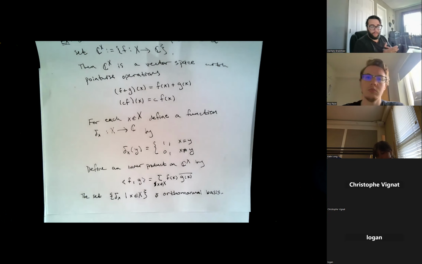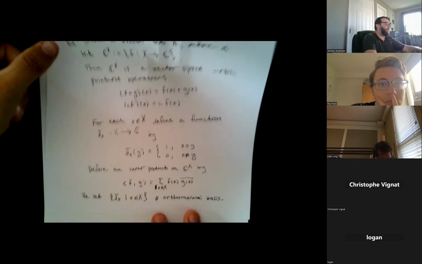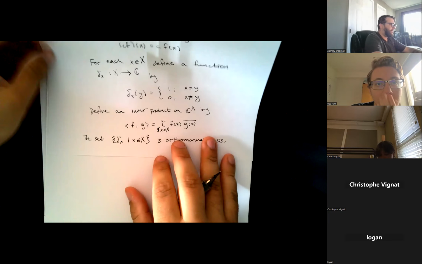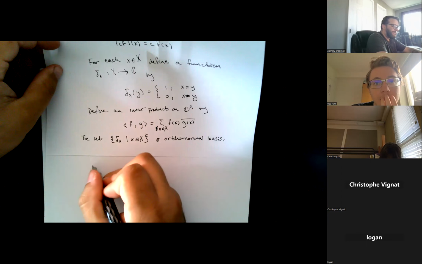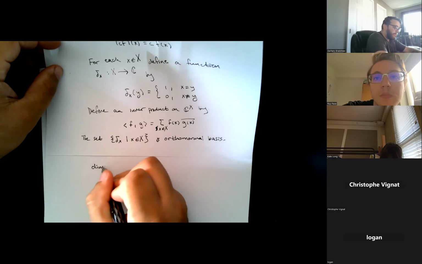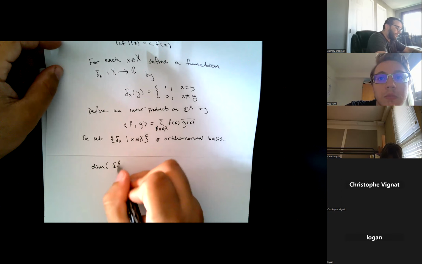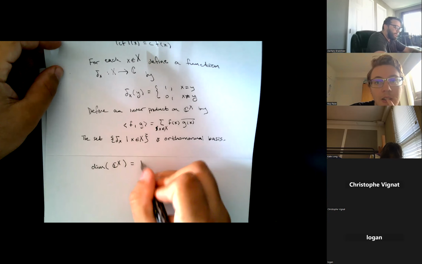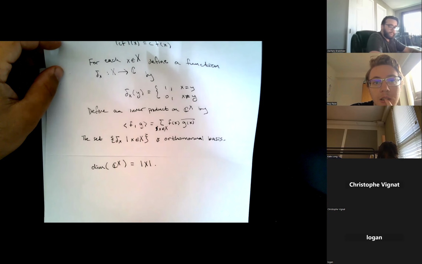Okay. So in particular, this tells us that the dimension of this vector space is equal to the order of X.